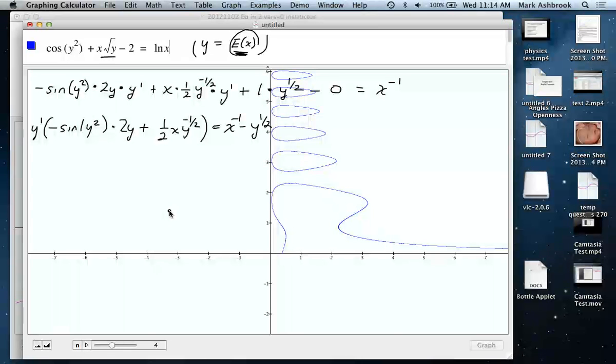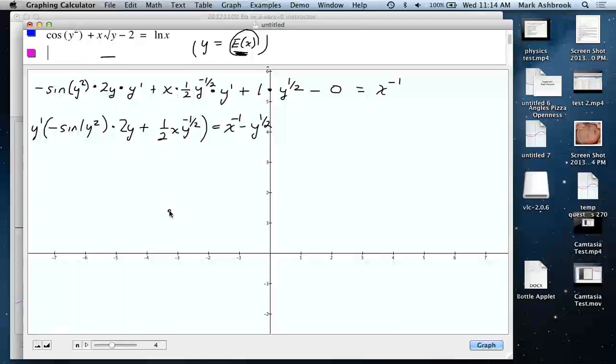Okay, rather than write out the next step, I'm just going to type it in the graphing calculator. Is that fair? So now the next is going to be our rate function. Okay, what will it be?